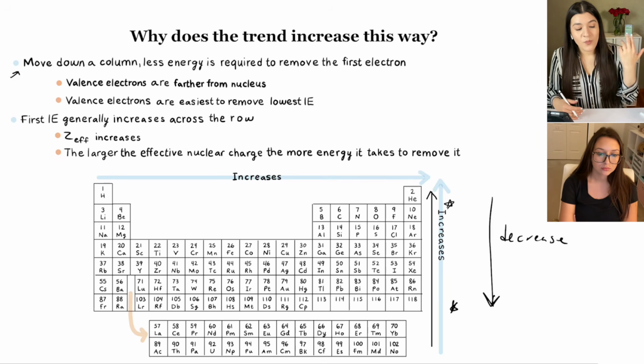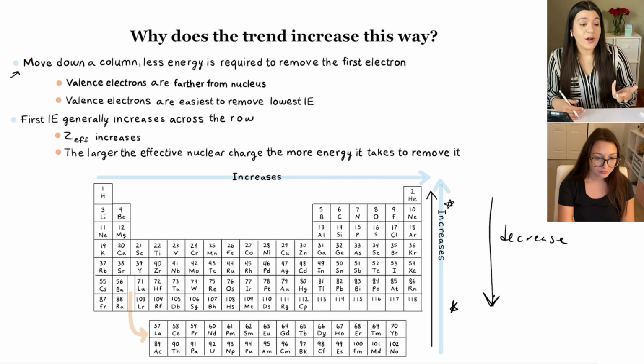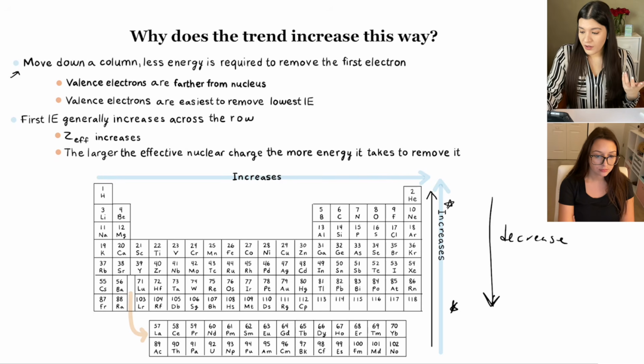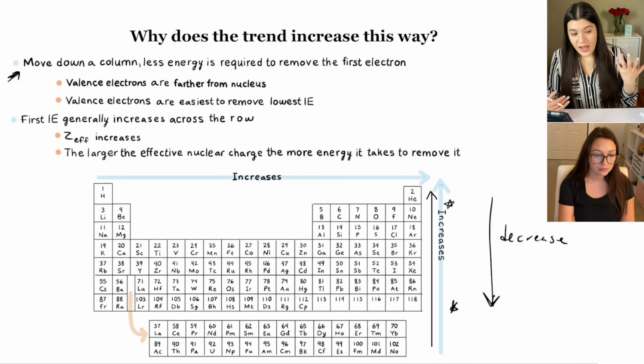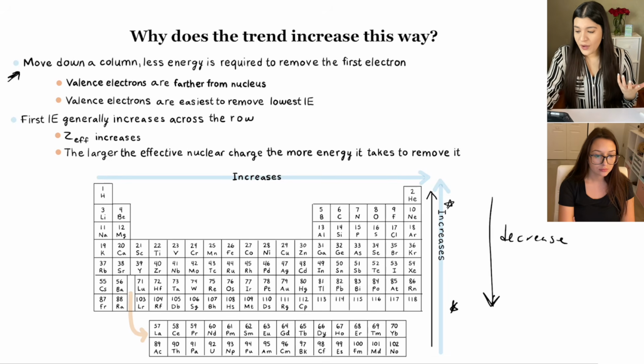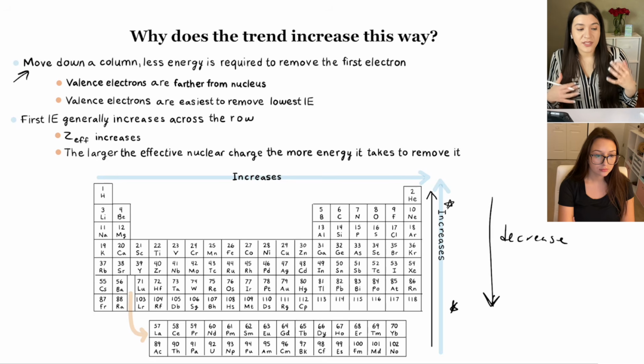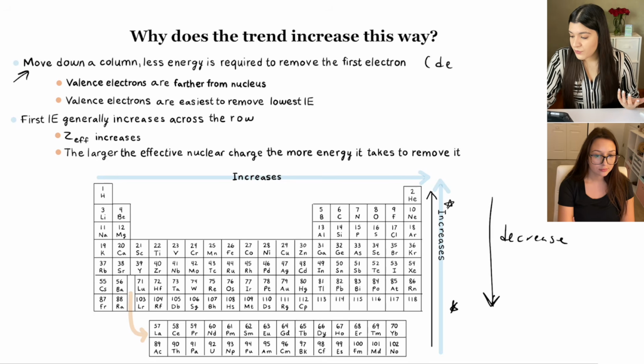We're going to have more energy required to remove that first electron. It's the opposite. So I would say knowing this way will be important just because of how it's explained. So this is actually talking about the reverse trend where it's decreasing. So decreases. Does that make sense? Yeah, okay.